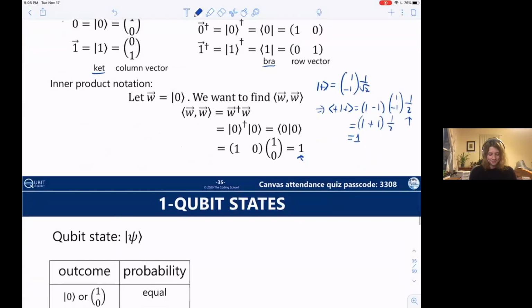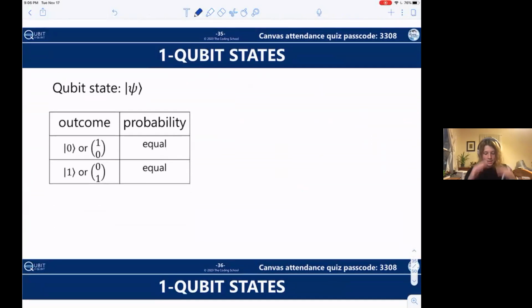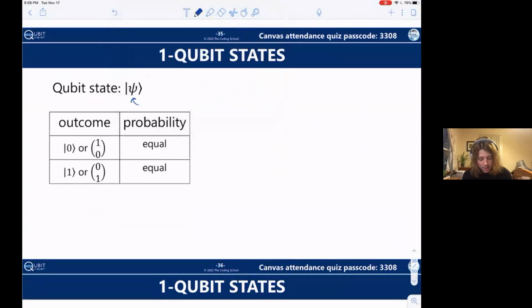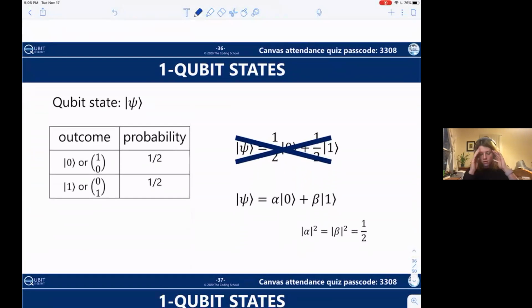Now I'm going to describe these qubit states with these bras and kets. So our qubit state, which is always represented as this psi, could be a zero ket, it could be a 1 ket, or it could be a superposition of the 2. So this is a way of writing it out.